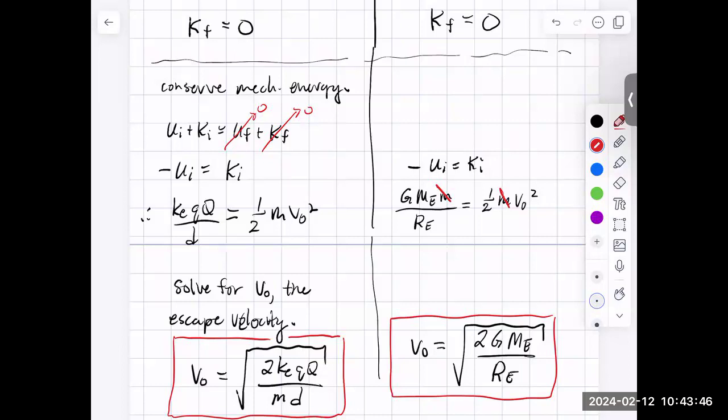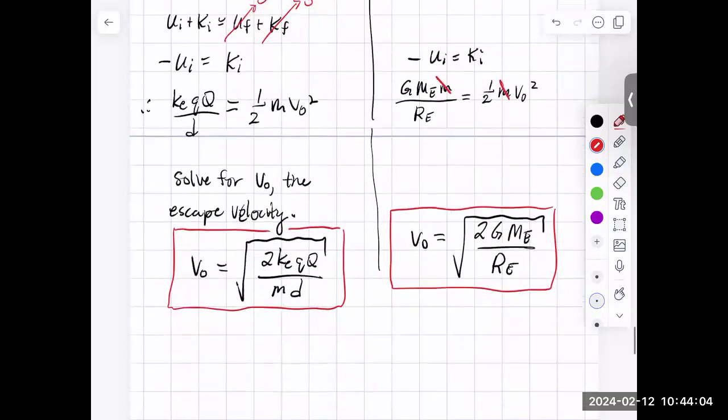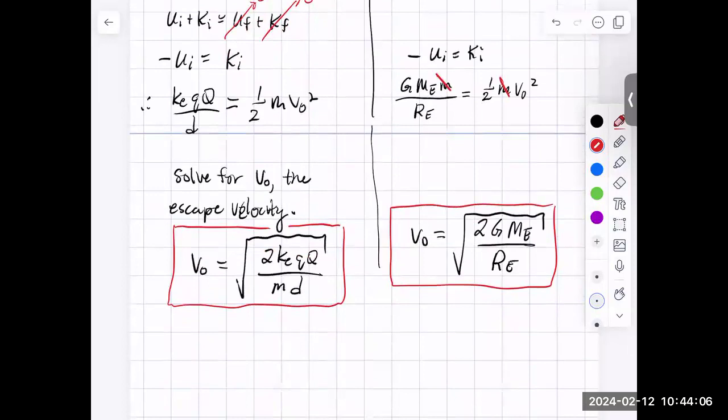If I launch a rocket, it's going to feel drag through the atmosphere, and we haven't accounted for those effects. But this is a rough back of the envelope estimation of how much speed you have to give a rocket at launch in order to get it to leave Earth's gravitational pull. Okay, good.